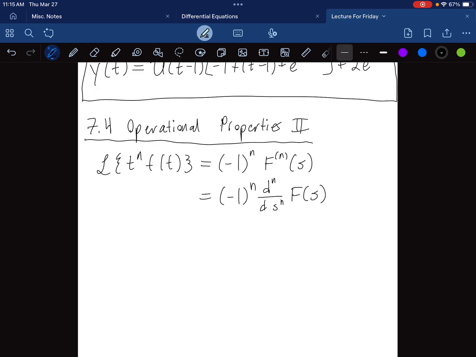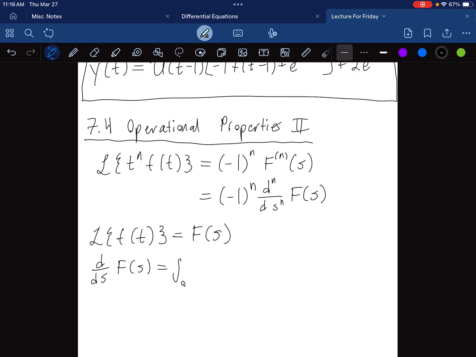And just some intuition of where this kind of property comes from. If we just have, say, some function f of t, if we were to take the Laplace transform of f of t, right, if we just assume that's capital F of s, if we were to take the derivative of this F of s, right, remember the definition of the Laplace transform.